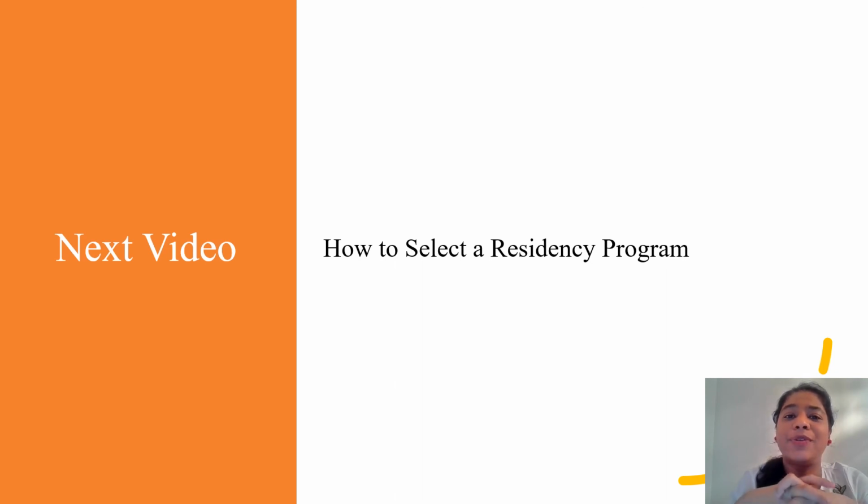When you click on the link and go to the ADEA PASS website, you will see there are a lot of choices of residency programs. I'm sure you will have lots of concerns and questions about how to select a program and what factors to consider. So please share your comments and what you would like to know, and in the meantime, I will create a video on how to select a residency program.